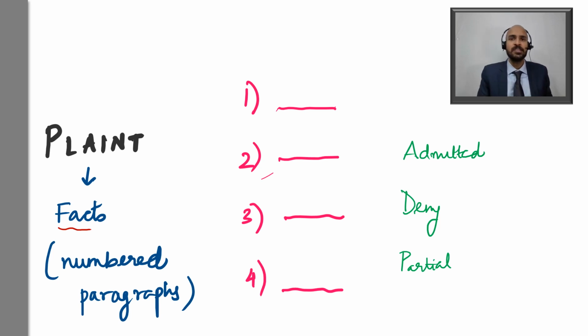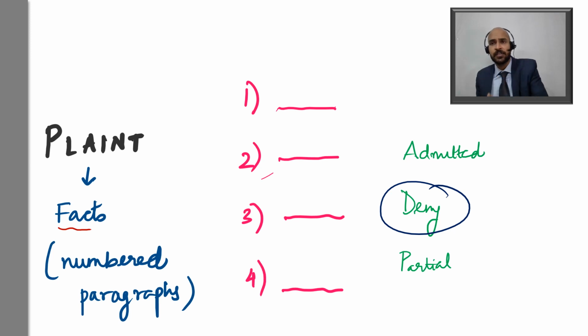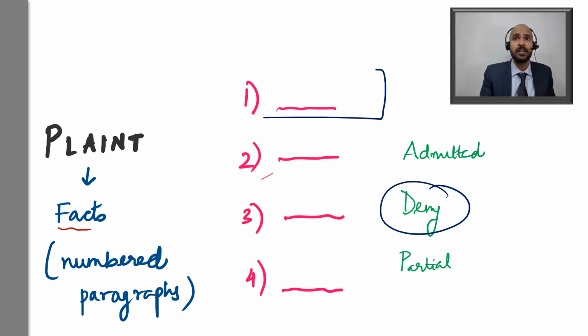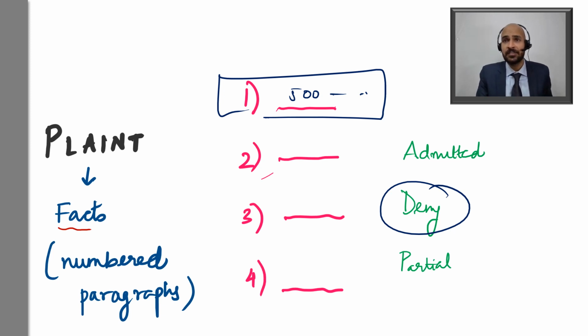In most cases there is a denial, because very rarely does the defendant admit what the plaintiff is saying. For example, if the plaintiff says that the defendant took 500 rupees from me, very rarely does the defendant admit that yes, I took. He wants to say no, I did not. So this is a denial.